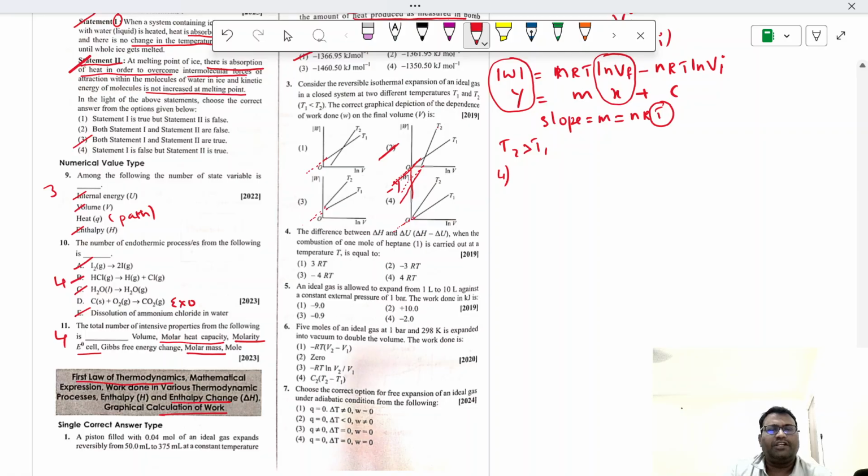The difference between delta H and delta U, delta H minus delta U, when 1 mole of heptane undergoes combustion. Heptane is an alkane with general formula CnH2n plus 2. So 2 times 7 is 14, plus 2 is 16: C7H16 plus O2 gives CO2 plus H2O.